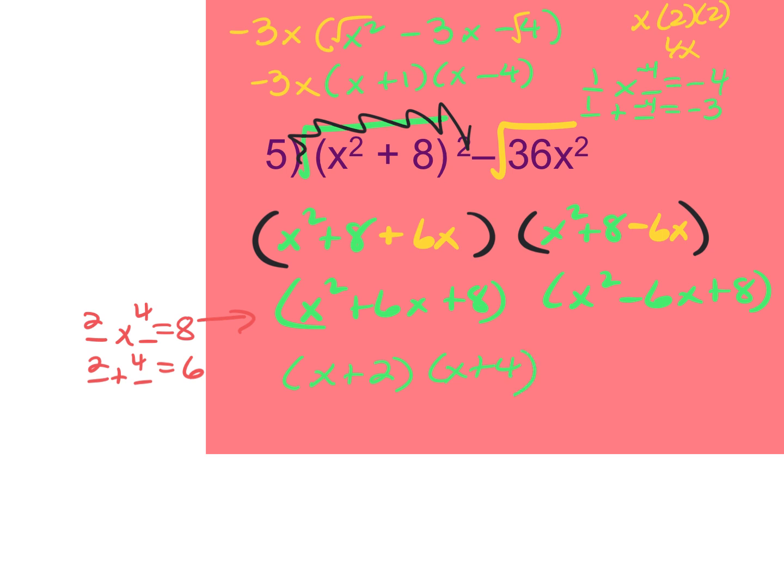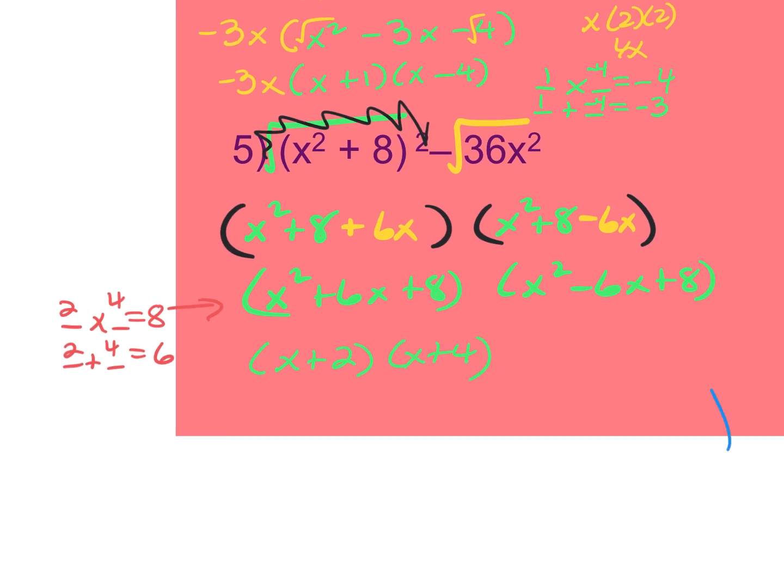For the second trinomial, I'm looking for two numbers that multiply to give me positive 8, but add to give me the middle, which is negative 6. Those two factors of positive 8 are negative 2 and negative 4, because when I add negative 2 plus negative 4, I get negative 6.